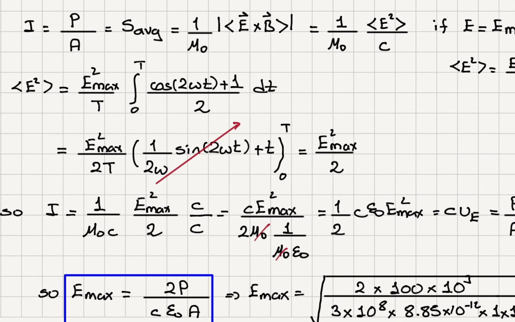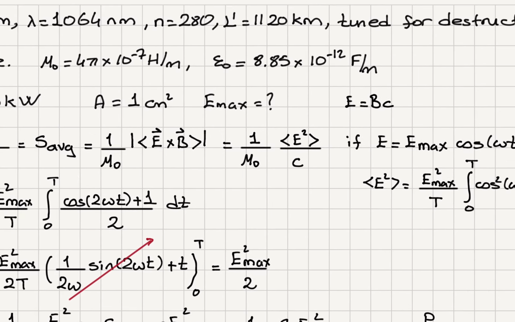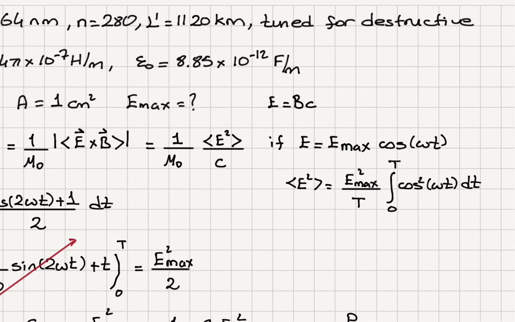So I substitute E max squared over 2 for the average value of E squared, which gives me 1 over mu 0 c, E max squared over 2. I multiply top and bottom with c, and then I recall that c, the speed of light, is related to mu 0 and epsilon 0. It is the square root of 1 over mu 0 epsilon 0.